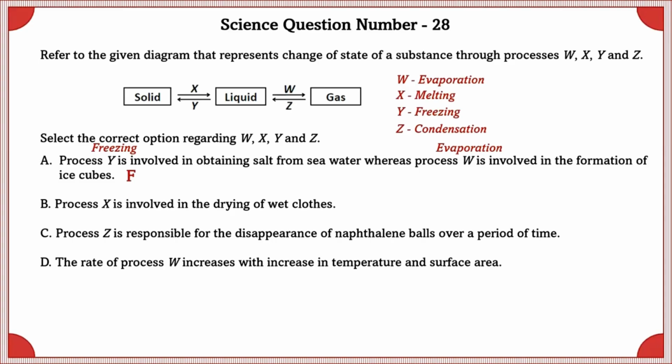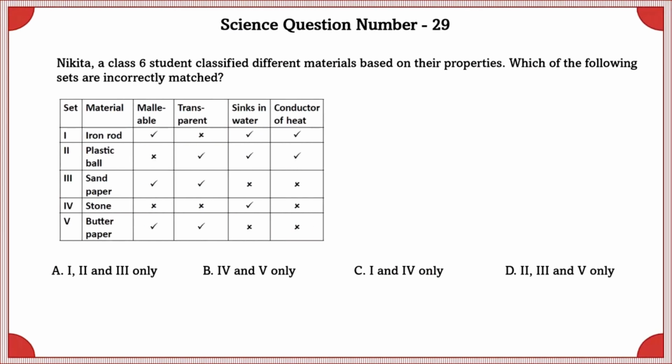This is false. B option, melting is involved in the drying of clothes. False. Condensation is responsible for the disappearance of naphthalene balls over a period of time. This is also false. The rate of process of evaporation increases with the increase in temperature and surface area. Yes, this is true. So the correct option is the D option.